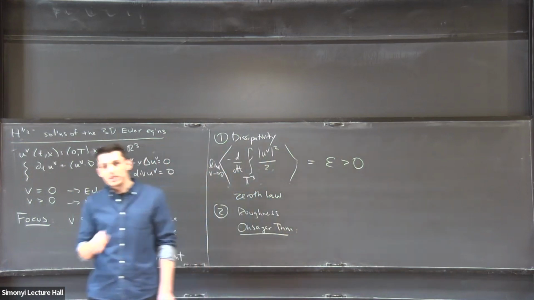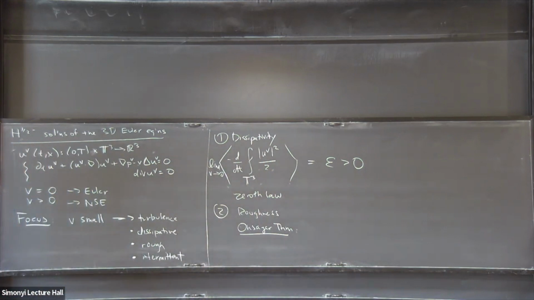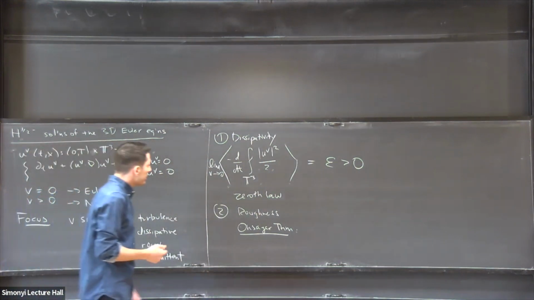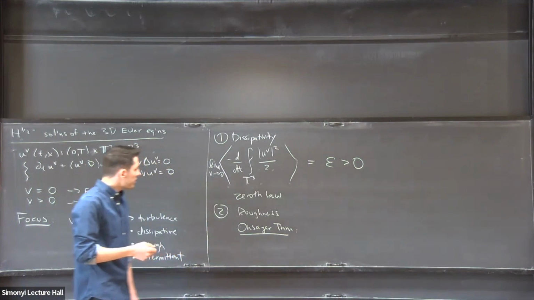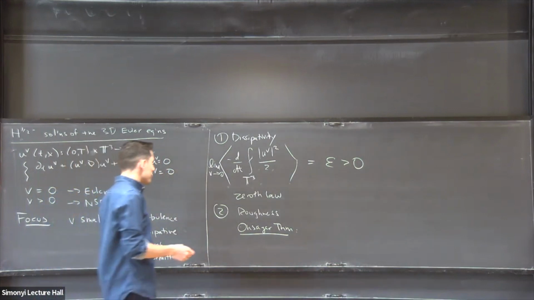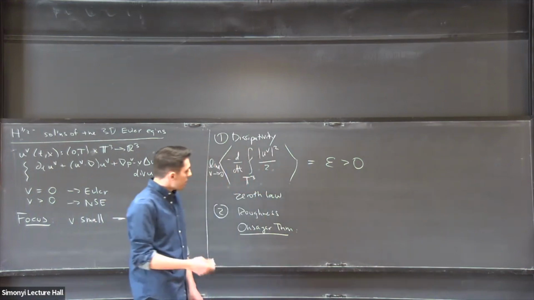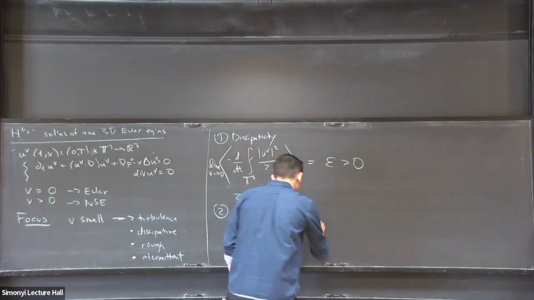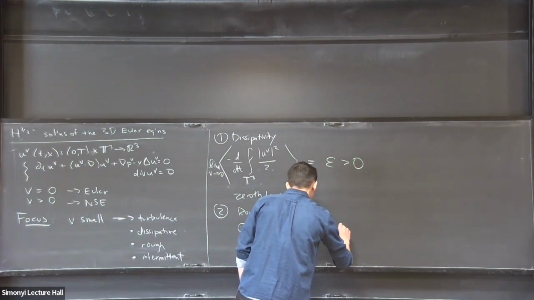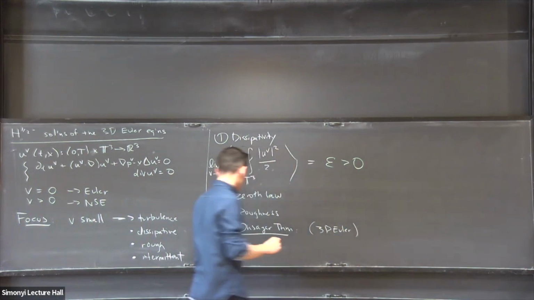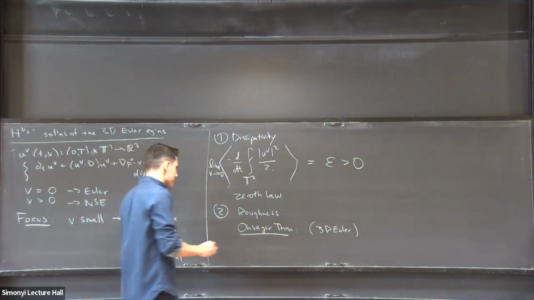So it was a conjecture of Onsager from 70 odd years ago, but we can basically refer to it as a theorem now. And what it gives is a dichotomy for weak solutions to 3D Euler. So this is only for 3D Euler. And it has two parts.